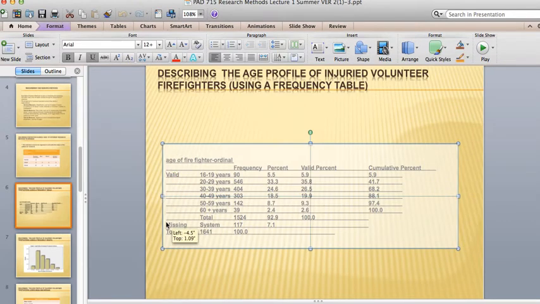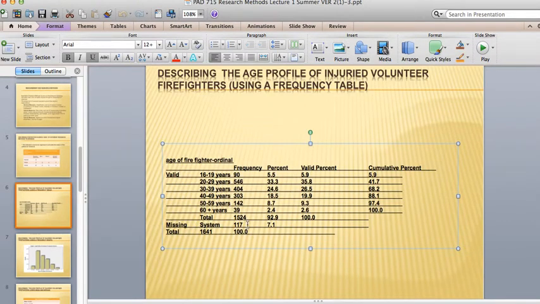See down here where it says missing system? That means that we had 117 firefighters for which the incident reporting forms didn't have their age. Why? It could have been the person who was filling out the incident reporting form, which could have been a shift commander, a fire chief or an assistant fire chief.